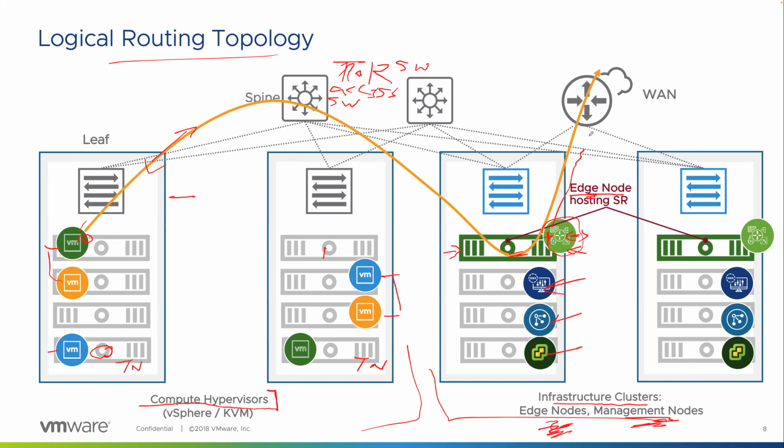Then the edge node will send the traffic out to the outside world. This is a physical router. So you can see that traffic goes in a zigzag and finally goes outside.